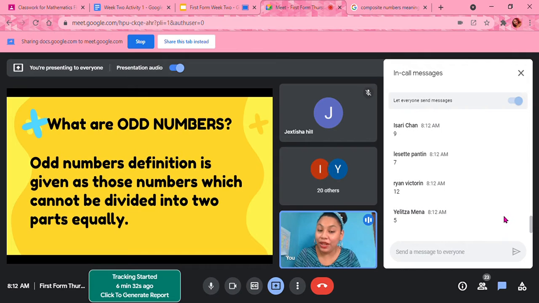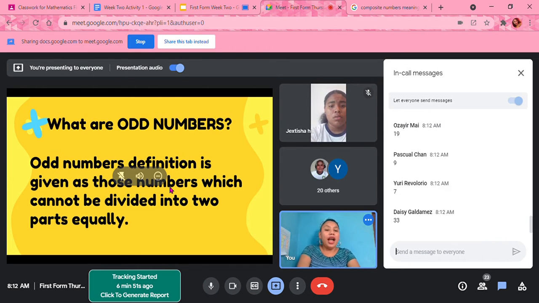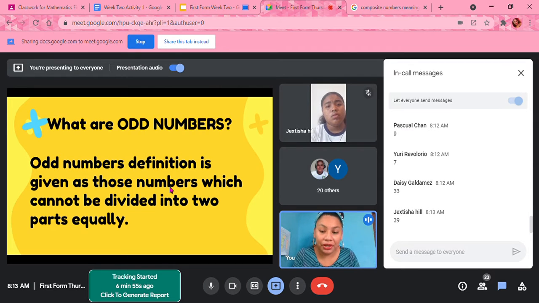Oops, okay, 12 is not an odd number. 5, very good. 19, very good. 7, okay, good. So an odd number, and I'm repeating it again, an odd number is a number that cannot be divided by 2.